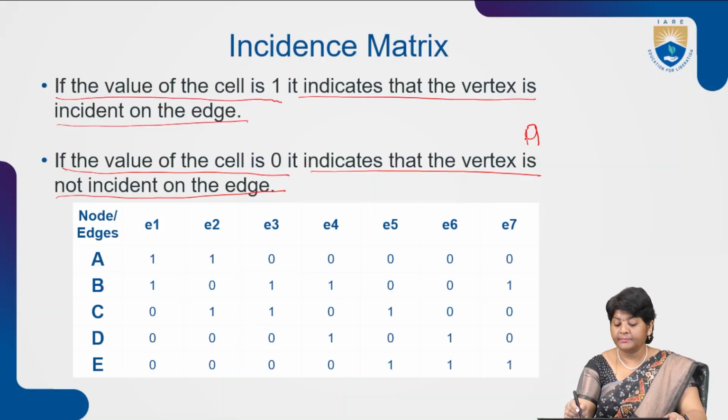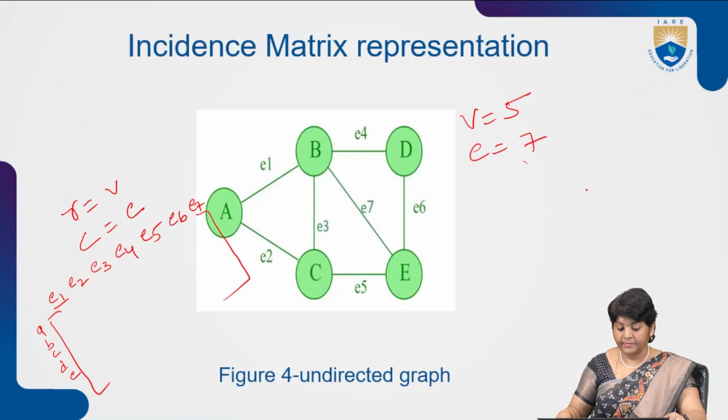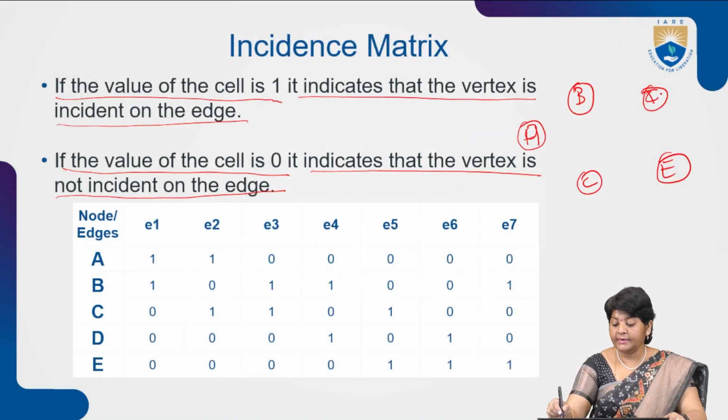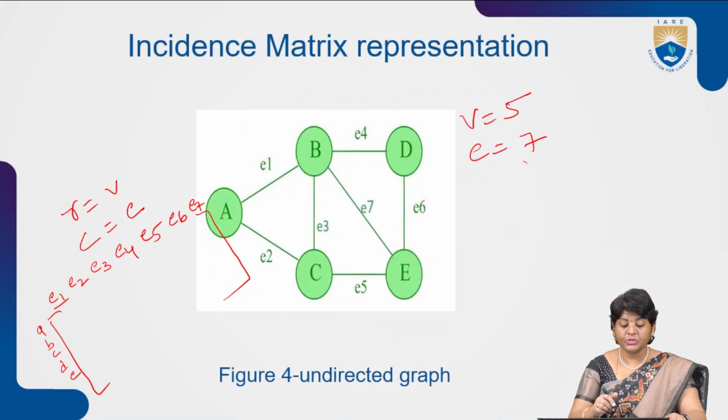A, B, C, D, E. Here a small change, C, and here it is D. Now we will check the connections. A is connected to E1, A is connected to E2, and the rest of the edges are 0. So see here, A is connected to E1 and E2.